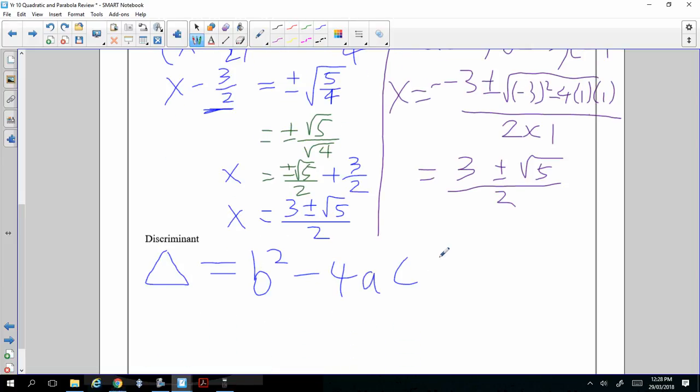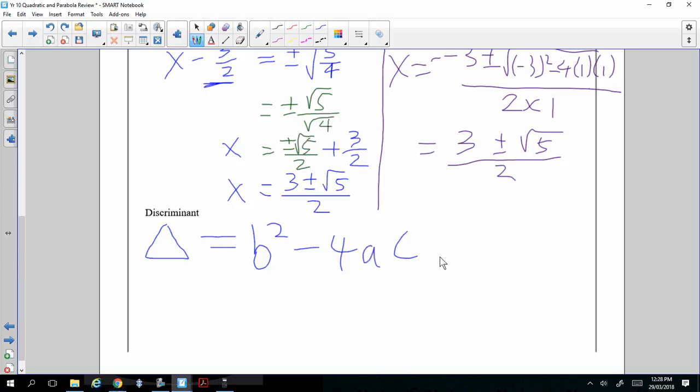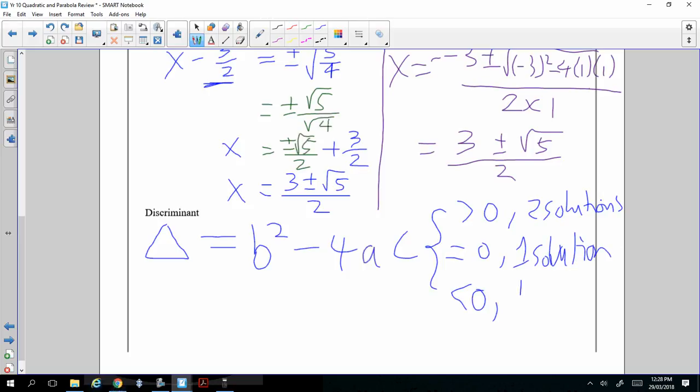If it's 0, you get 1 solution. And if it's negative, you have no solution. So you need to be able to answer this and interpret the meaning of discriminant. For more details, refer to our lesson on that topic. Okay, you can watch the video again.